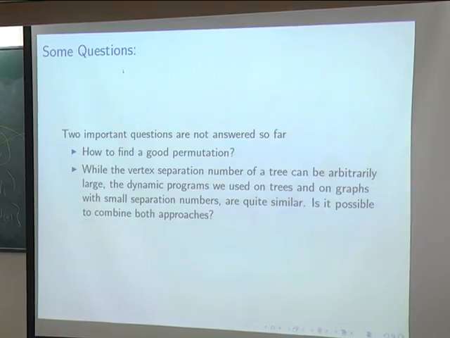In the tree, we kept the values AB and BB, the largest independent set with him or without him. Now for this graph, we keep the largest independent set containing a subset from the boundary, because our boundary was large. So in that sense, it is a similar algorithm to trees, but trees can have a vertex separation number like log n.